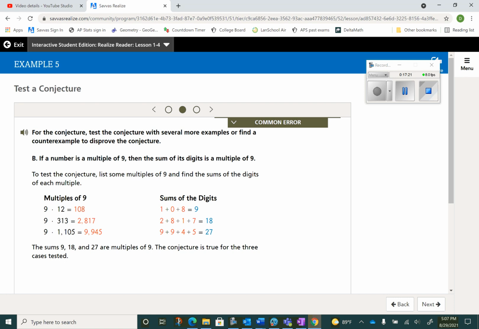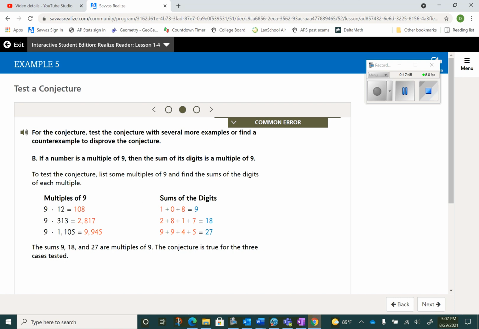Yeah, add those digits together and that gives us 9. 9 times, say, 313. That seems a random thing to choose. 2,817. So if we add 2 plus 8 plus 1 plus 7, that gives us, oh, wait, 18. That's also a multiple of 9.